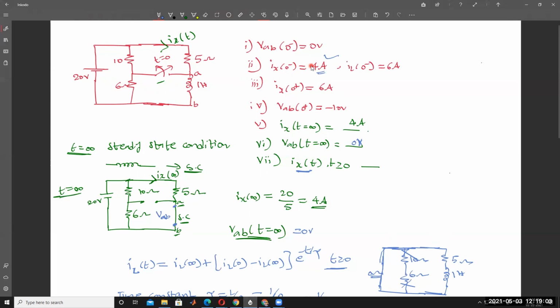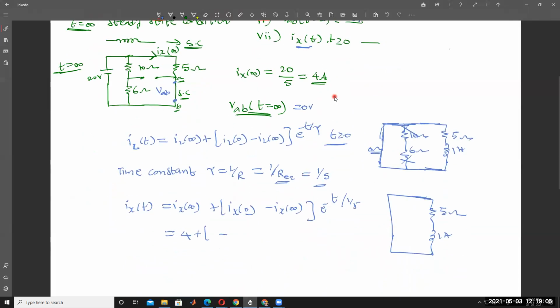Because after t is equal to 0 plus, we are finding the expression for t greater than or equal to 0. That's why don't consider the t less than 0 minus condition.